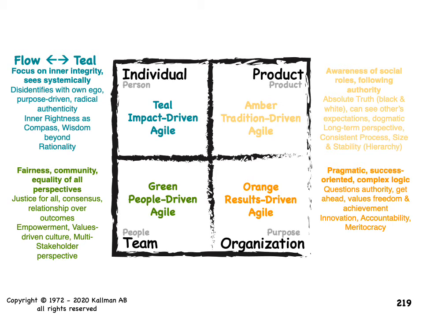Teal mirrors flow. Focus on inner integrity, and that kind of individual sees systematically. Flow gives you a whole bunch of frameworks, models, and tool sets, plus the mindset that you'll need in order to successfully navigate all the politics and people that you're going to run into in the other 3 boxes.